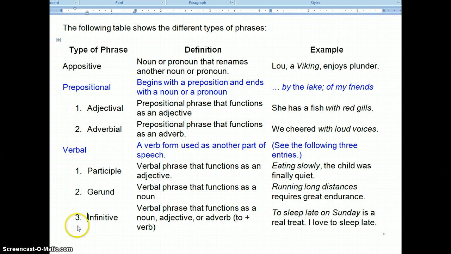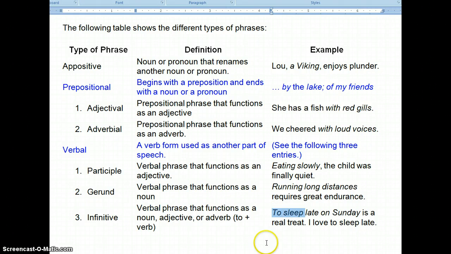All right, moving forward. The infinitive. It's a verbal phrase that functions as, and it can function as anything, a noun, adjective, or adverb. And it's easy to remember because it's always the word to plus a verb. So, to sleep late on Sunday, that is an infinitive.